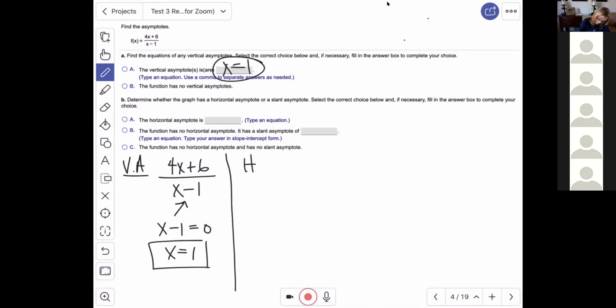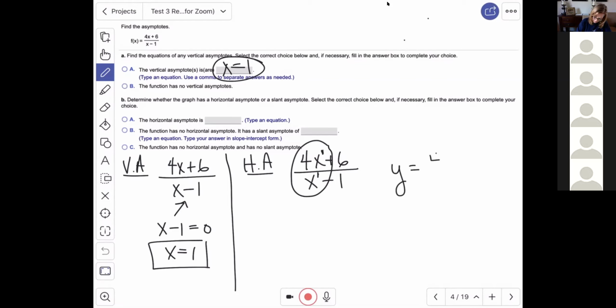And let's do the horizontal. Okay, so this is the next situation. Remember, for the horizontal asymptote, you look at the leading terms, the ones with the highest degree. So that would be x to the first and x to the first. You're looking just at these two. Since the degrees are the same, you just take the coefficients in front.